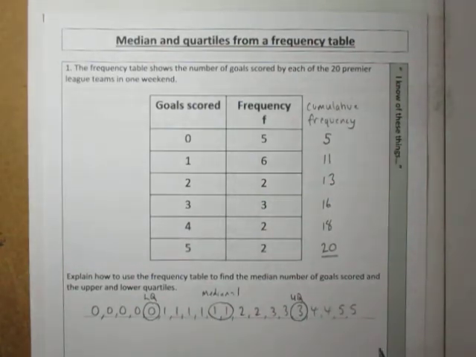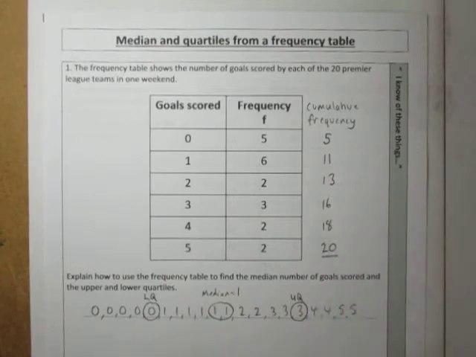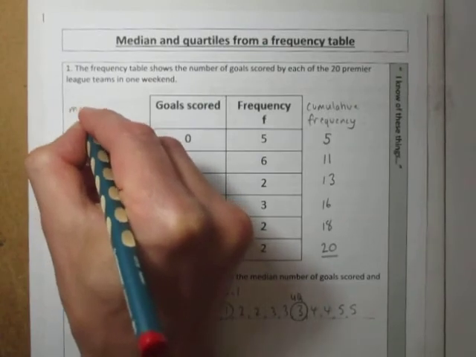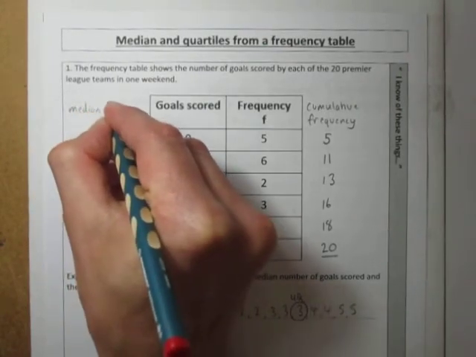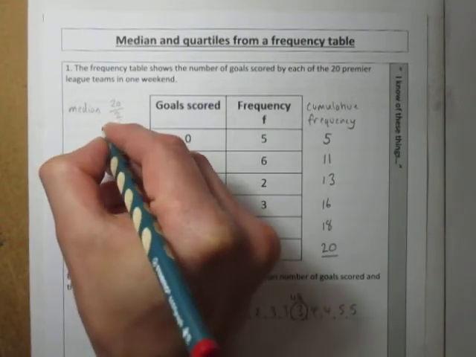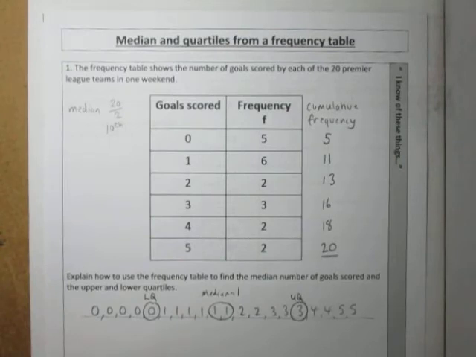Now, what we want to do is to find out of these 20 values, which one represents the median. To do that, for the median value, we simply take the 20 values and divide them by 2, which tells us that the median value we're looking for is going to be the 10th value. So where does the 10th value lie?